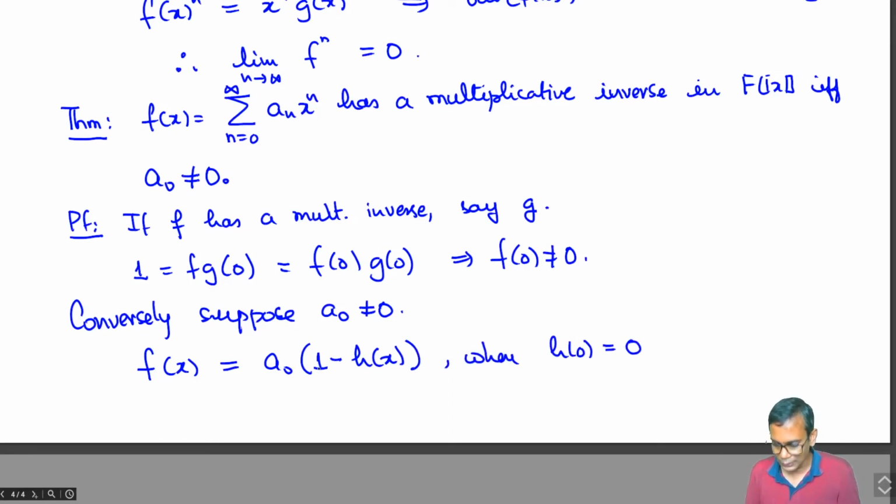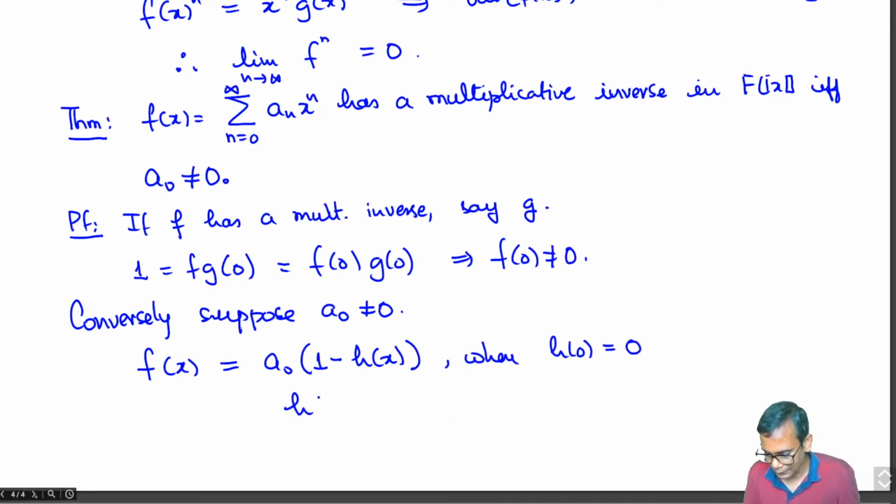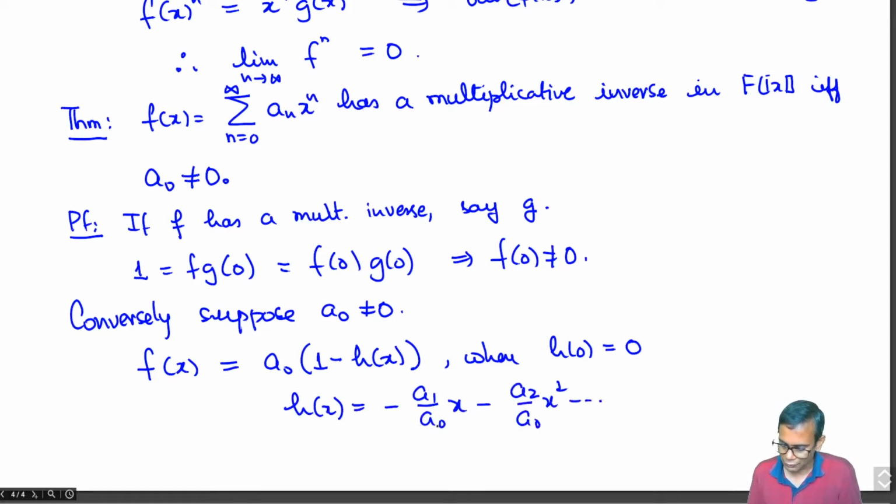Right? I just isolate the a0 part, and h(x) is going to be minus a1 by a0 x minus a2 by a0 x squared minus, and so on. This makes perfect sense because a0 is non-zero.